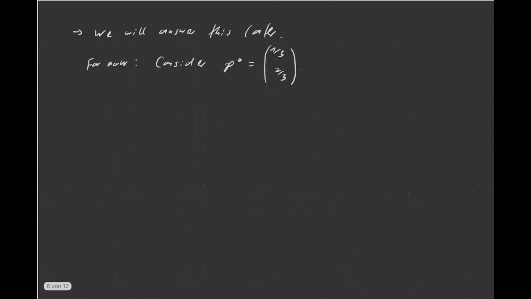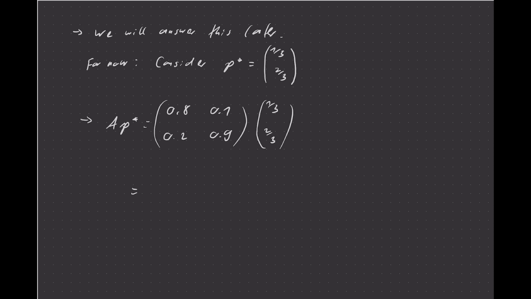If we reach that state, then what happens with our disease at that point? Well, if we reach that state, then A times P star, if you just look at the numbers, let's substitute the matrix here. And then we can do the computations. What we get here is 1/3 times 0.8 and 2/3 times 0.1.